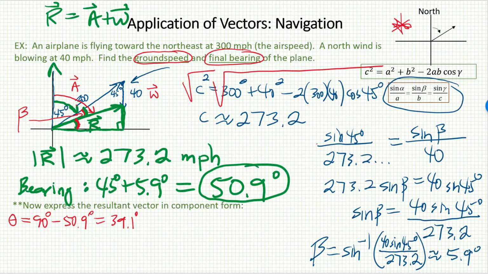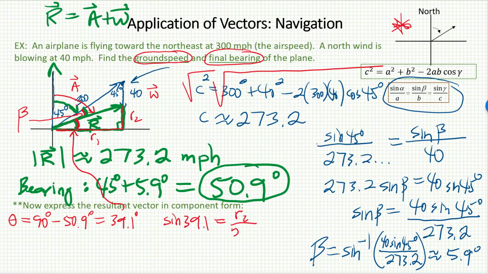Well, I can easily use that then to find the missing legs of this right triangle. How about I call them r sub 1 and r sub 2? And again, this angle here is the 39.1 degrees. I can write some sine and cosine statements. Sine of 39.1 would be equal to the opposite, which is r sub 2, divided by the hypotenuse.